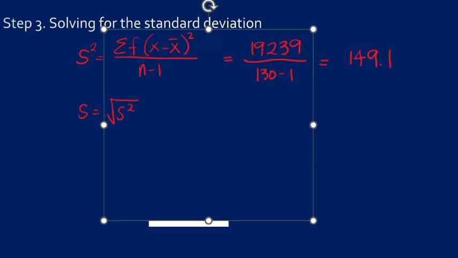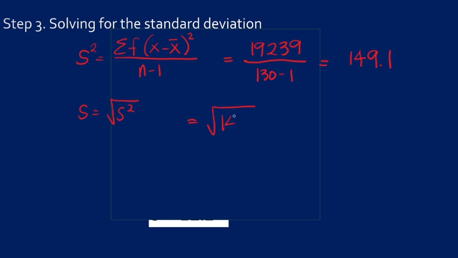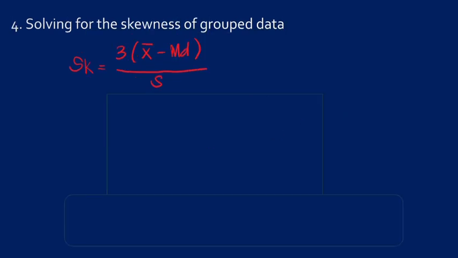So our S would be equal to the square root of 149.1, which is equal to 12.2. So we now have the values for our mean, median, and standard deviation. Our mean is 37, the median is 37, and our S is 12.2.